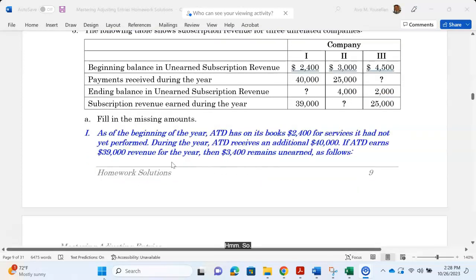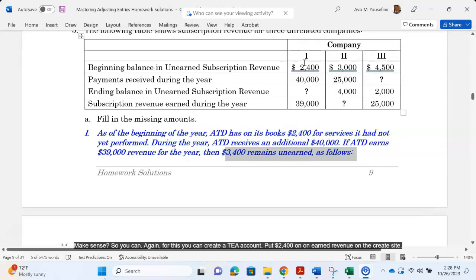So 3,400. Make sense? So again, for this, you can create a T account, put $2,400 on unearned revenue on the credit side, then debit cash, credit $40,000 unearned revenue, right?